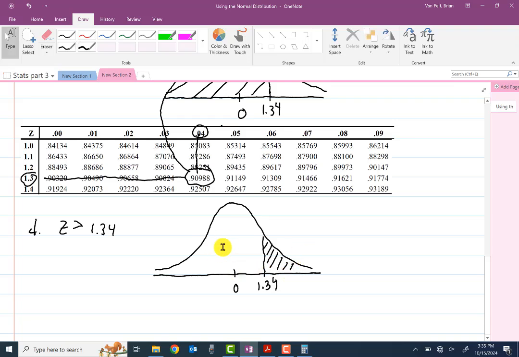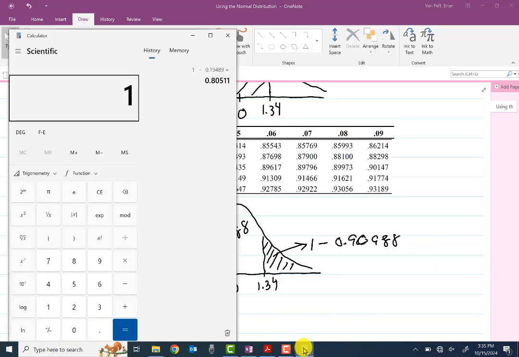And now since we know this area in here, to get the shaded area, I will subtract that number from 1. That gives 0.09012.